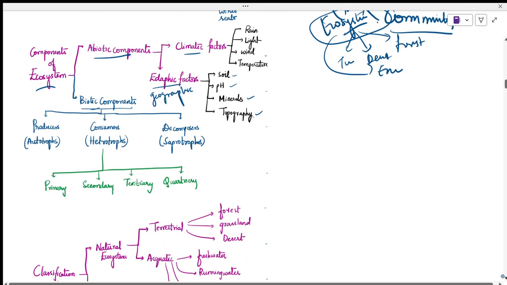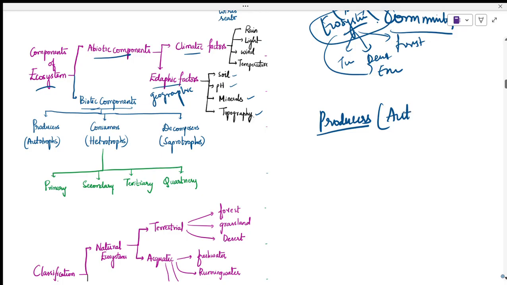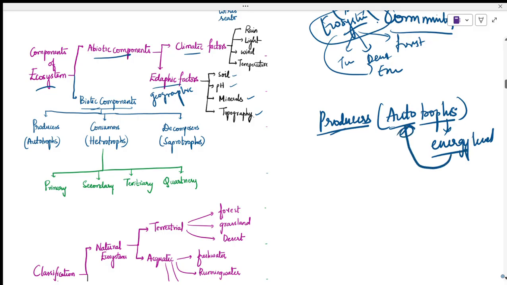Then in biotic components, we have something called producers. These producers are also called as autotrophs. Autotroph. Trophic is nothing but energy level. Those who can get energy by their own are called producers. So these producers will convert sunlight into glucose plus oxygen.